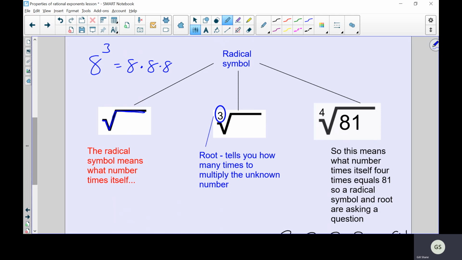So meaning we're trying to find a missing number. We're trying to find what is that number, and in this case that would be the 8. You'll see when we get to the 81 what that means in more detail. This is always called the root. So it is how many times are we multiplying that number times itself. Kind of like the exponent in a way. And then this is the answer we're trying to get to, basically.